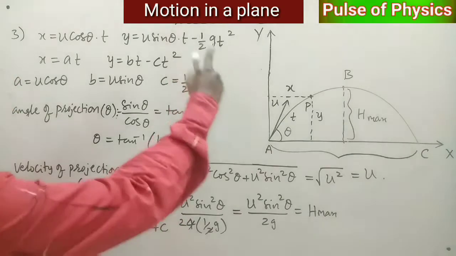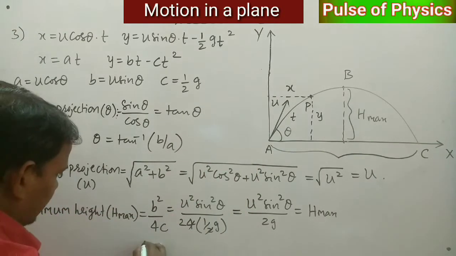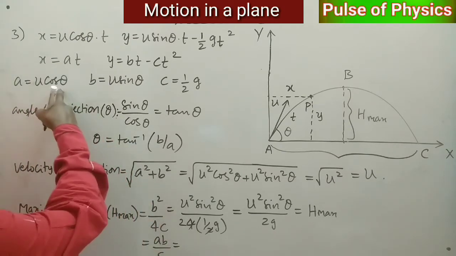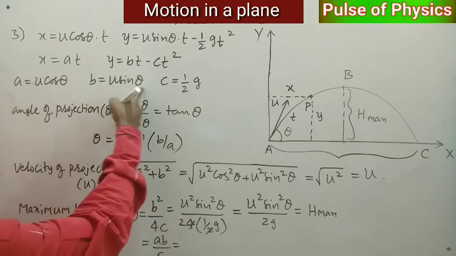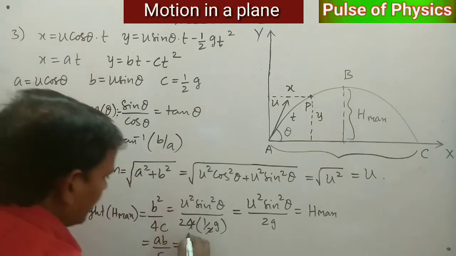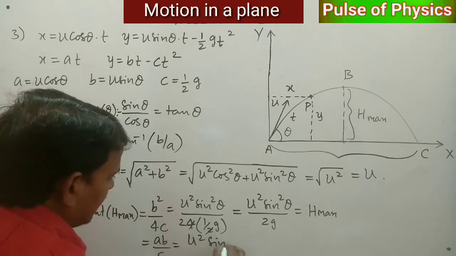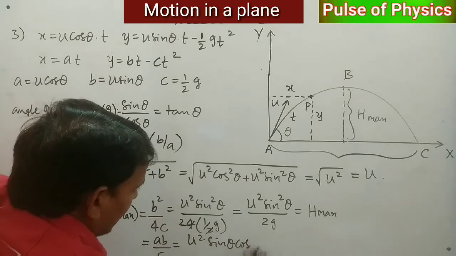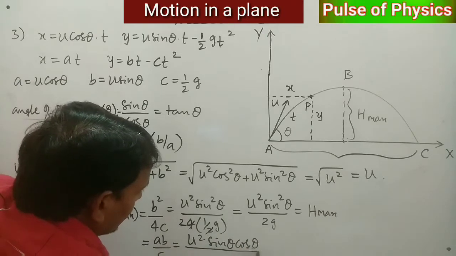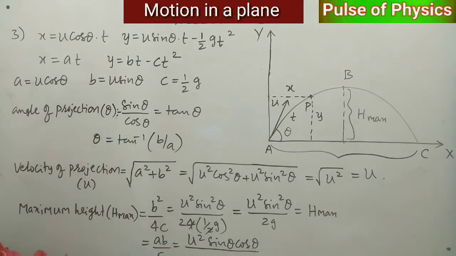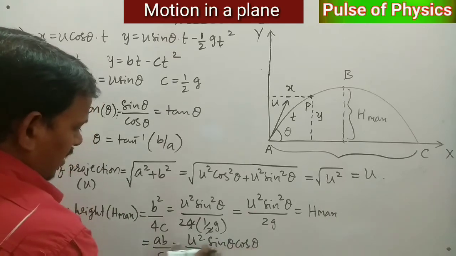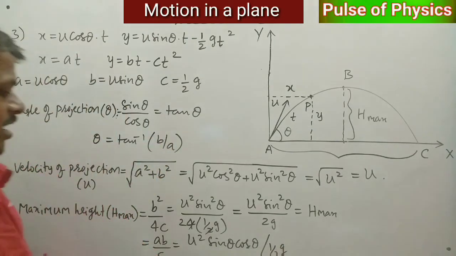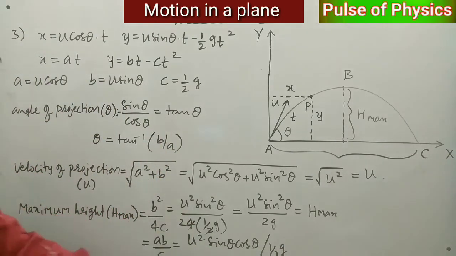Next, ab by c. What does it give? What is a? u cos theta. What is b? u sin theta. ab is u square sin theta cos theta by c. What is this c? It is half g. Now I am writing here half g, and the 2 will go to the numerator.